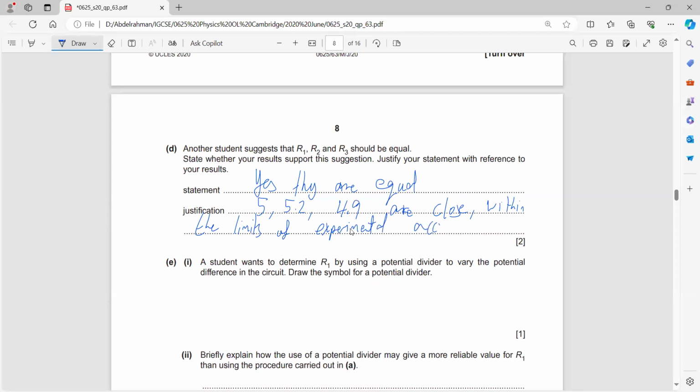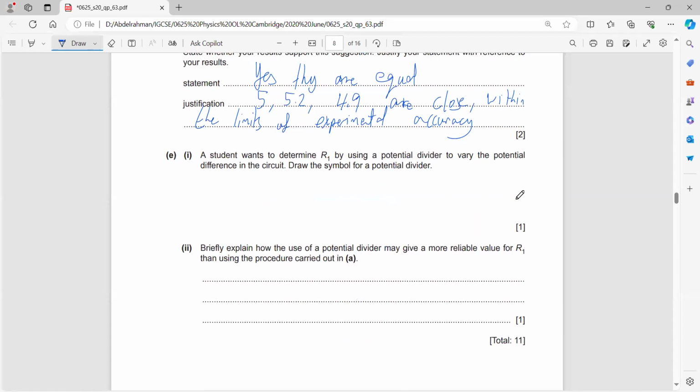Accuracy. A student wants to determine R1 by using the potential divider to vary the potential difference. Draw the symbol for a potential divider. The symbol for a potential divider is the variable resistor or a potentiometer.